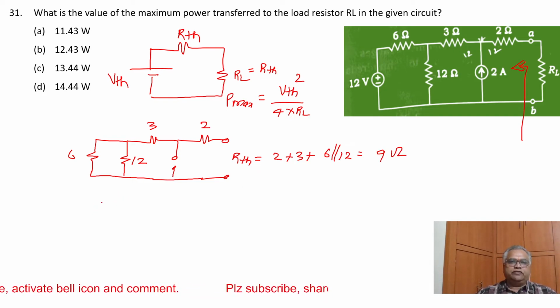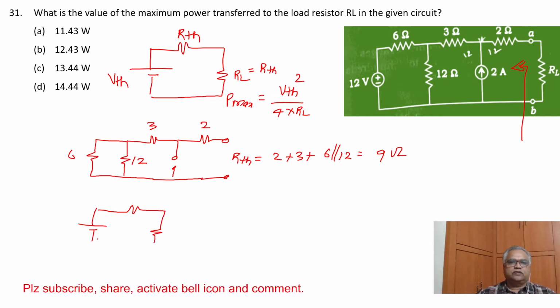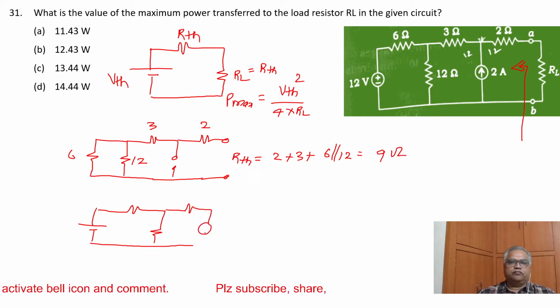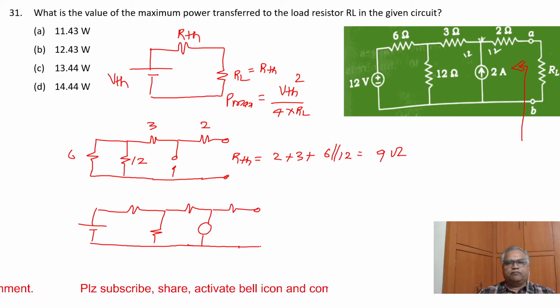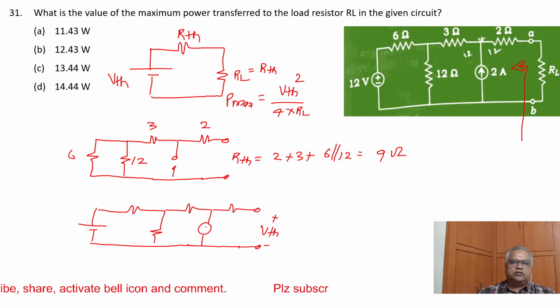Next, you have to find V Thevenin. This current is 2 amps, with resistors 3, 6, 12, and here 12 volts.